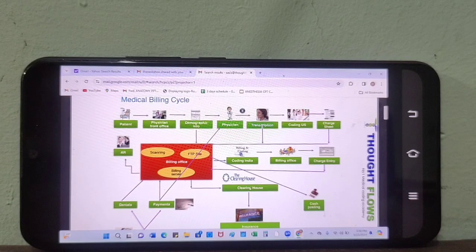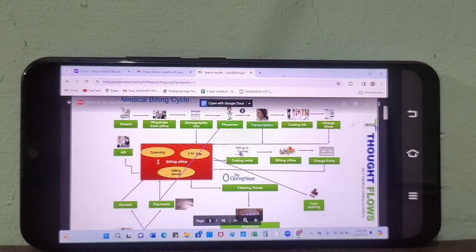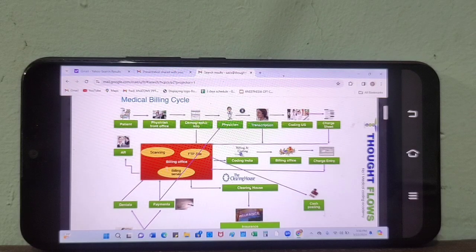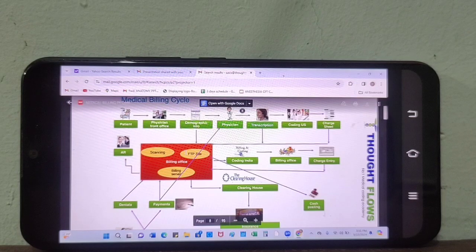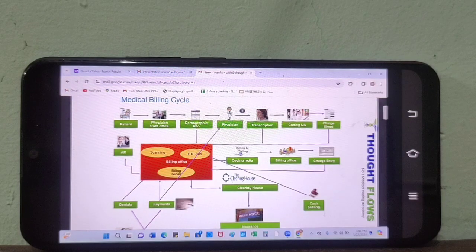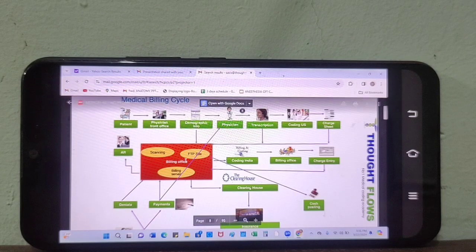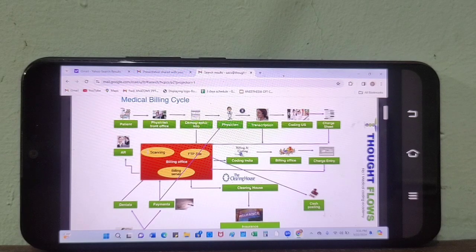That charge sheet is transferred to the billing department. In the billing department, they scan the document, and all the information is stored in the billing server. FTP means file transfer protocol. After scanning, the documents are processed through file transfer protocol.